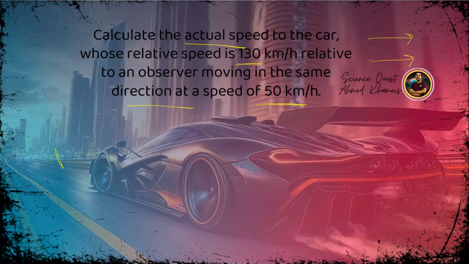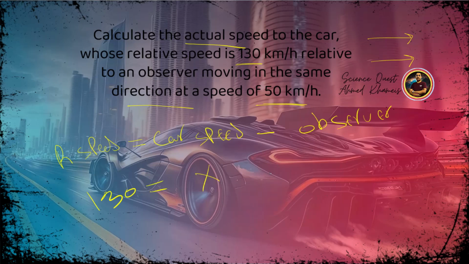Same direction means relative speed equals the car speed minus the observer's speed. So 130 equals the unknown car speed x minus 50 kilometers. So x would equal 130 plus 50, which equals 180 kilometers per hour.